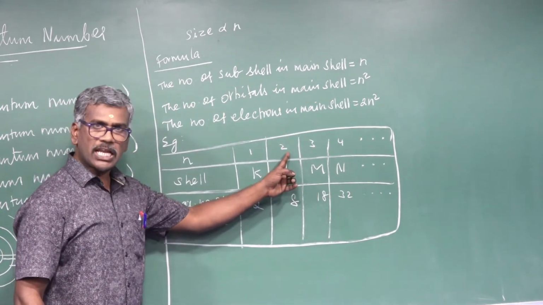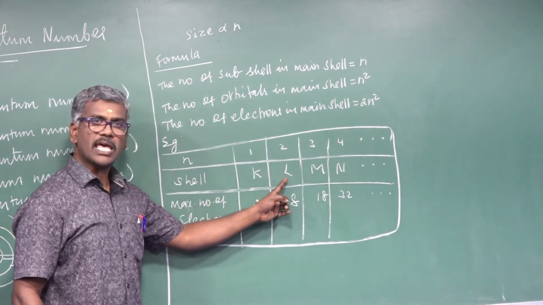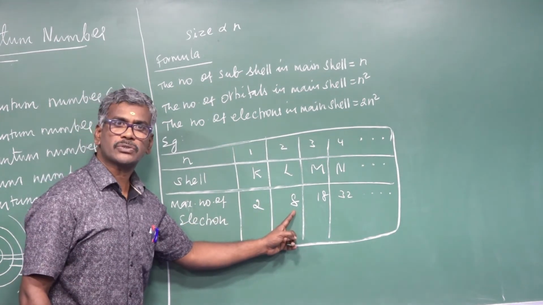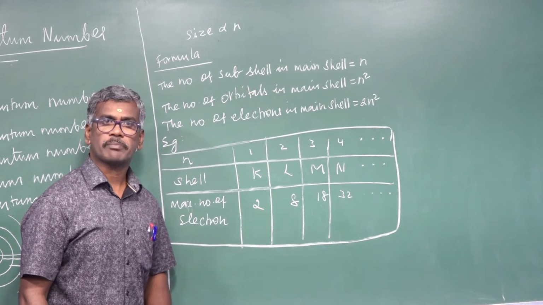If the n value is given, which shell is possible? L shell. In the L shell, maximum number of electrons is 8. Simple, easy to do. This type of question may be asked for 1 mark.